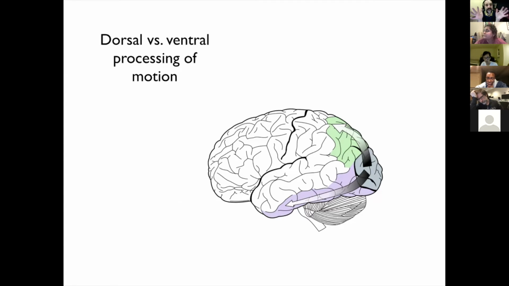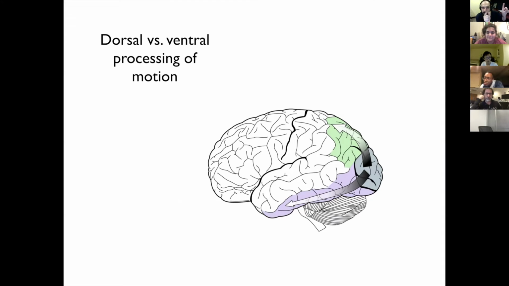So now let's move on from V1 to the bigger picture of cortical processing. There are other motion circuits that I did not mention at all, like this ancient motion circuit in the superior colliculus, in the brain stem, which is what we share in common with our snake ancestors, our lizard ancestors, basically. And those are also motion selective.